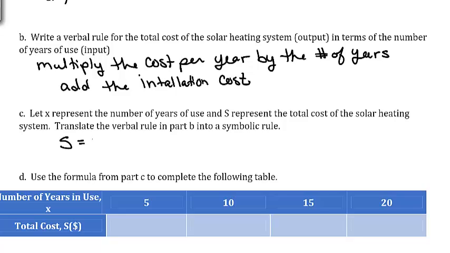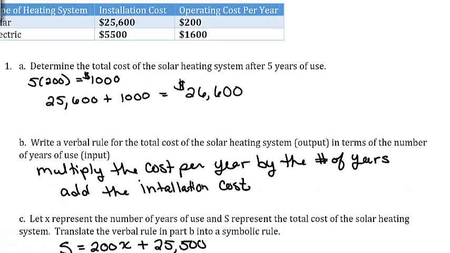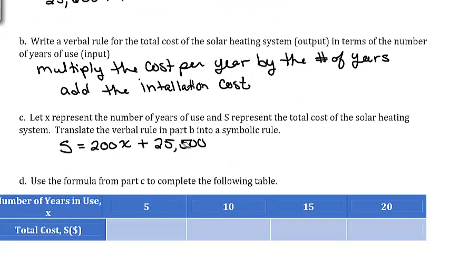So we're going to multiply the cost per year, which was $200, times the number of years, which is x, and then we have to add on to that the installation cost, which was $25,500. Let me double check and make sure I got my installation cost correct. Nope, $25,600. Good thing I checked.